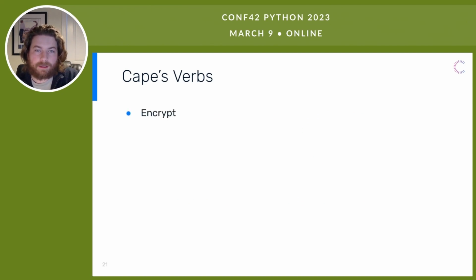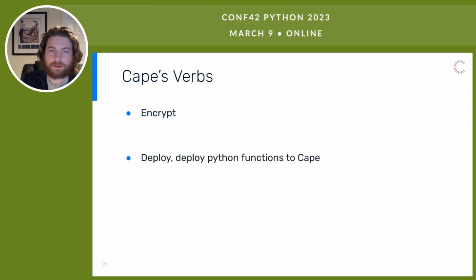Encrypt. As previously mentioned, while processing data securely, it is just as important to provide simple encryption primitives for developers to use to easily encrypt their data before sending it to be processed. You can easily encrypt your data for yourself or another entity you trust. Deploy. Deploy is used to send a Python function to CAPE to eventually be run inside the Nitro enclave.